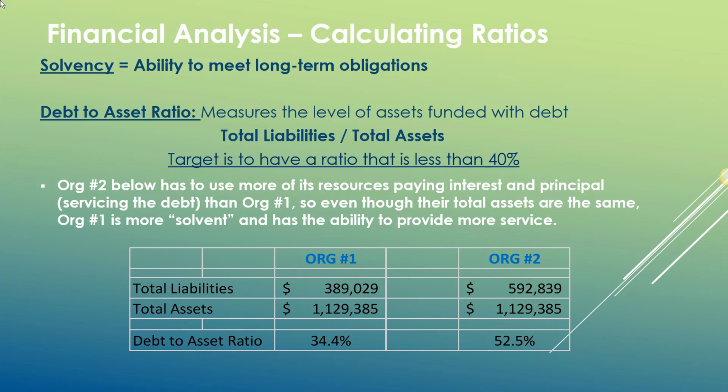Organization two, again, same total assets, but on a much higher debt level. It has a debt-to-asset ratio of 52.5%. So organization two is going to have to use a lot more of its resources, of that revenue and support that's coming in. It'll have more interest expense, and it'll probably have higher principal payments on any debt that they might have.